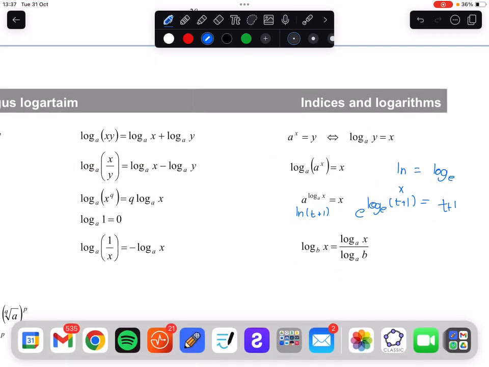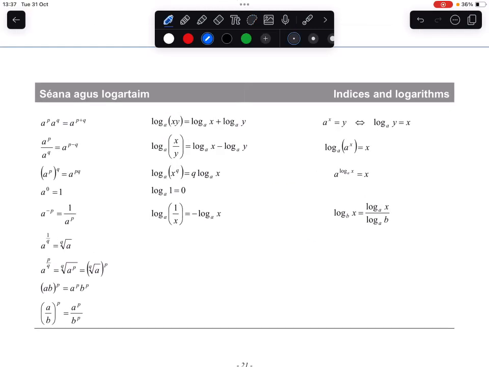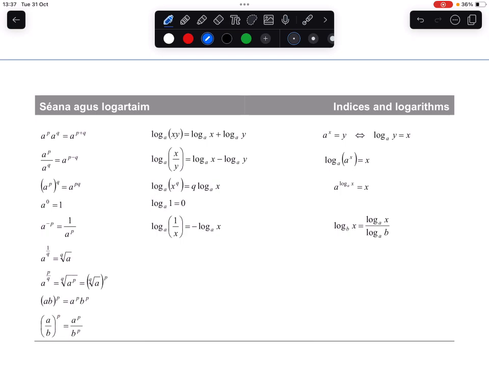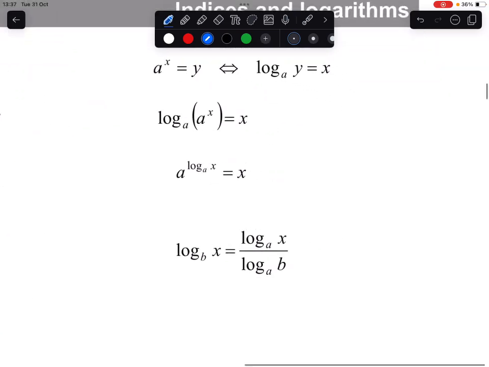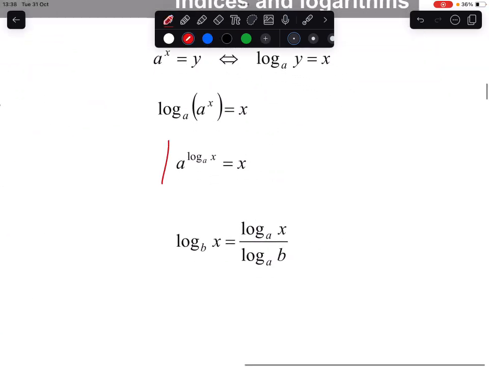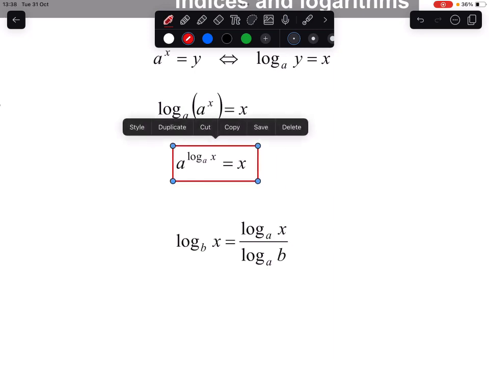So let me explain that again. If we go over to our table section, if we look at page 21, on the top right hand corner, we're going to see this identity, or this rule right here. If we have some number a, and we put a to the power of the logarithm to the base a of some value x, that equals x.